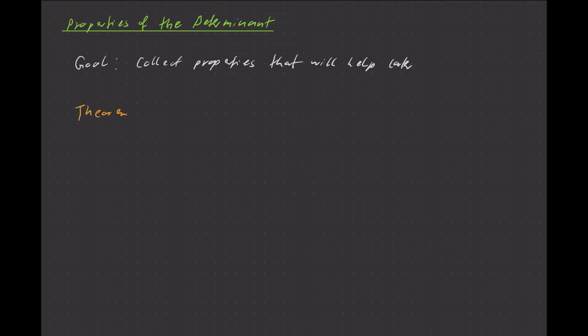So this is on the behavior of determinants under elementary operations. So let's say we have a matrix A that we start with.